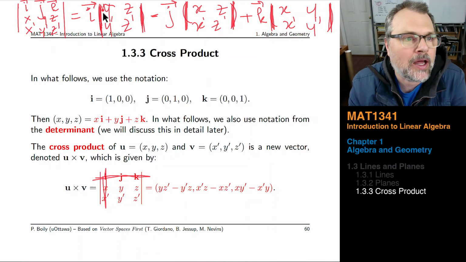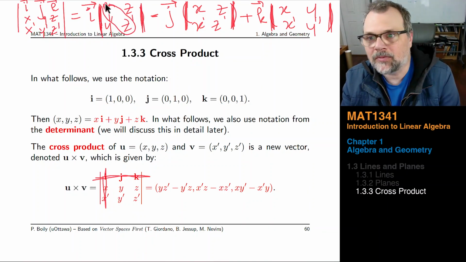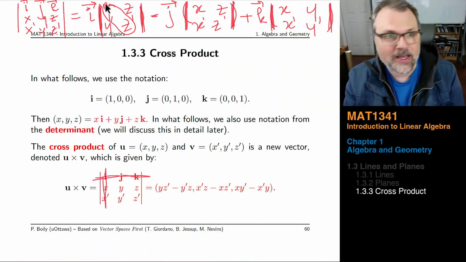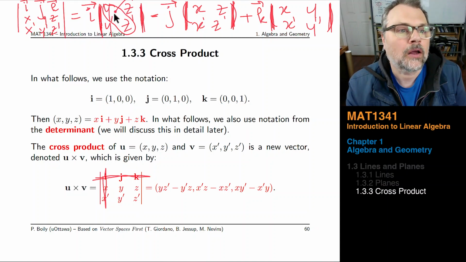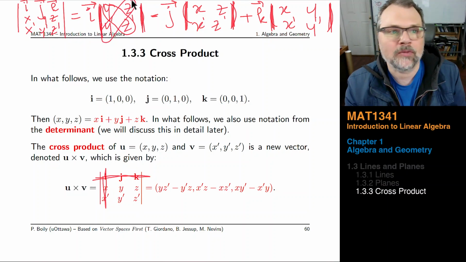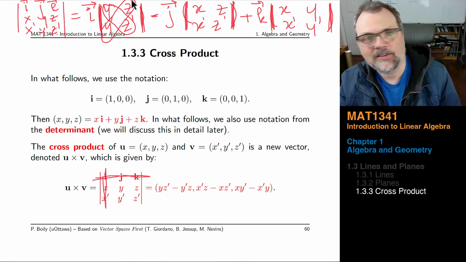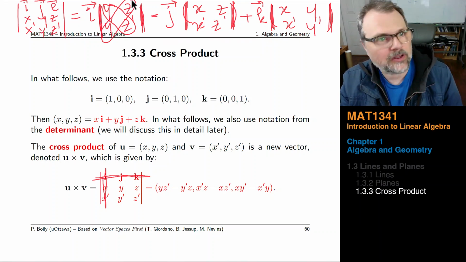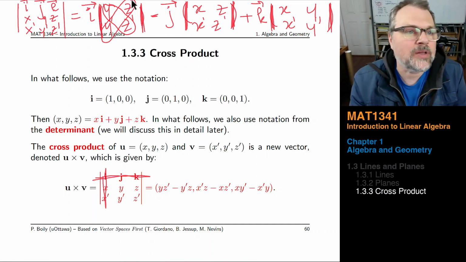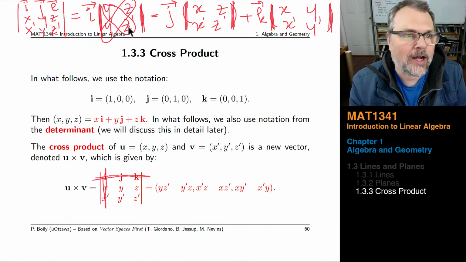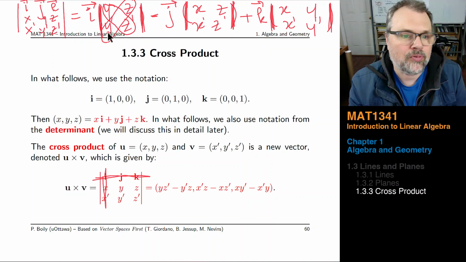I multiply together the elements on the diagonal, so y times z prime, and then I subtract from that the product of the elements on the, let's call it anti-diagonal or the counter diagonal. And that's going to give me y times z prime minus y prime times z, which is exactly what I get here.